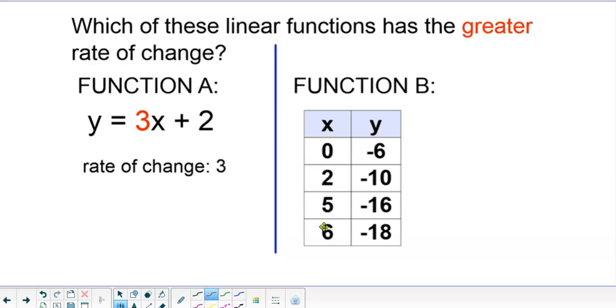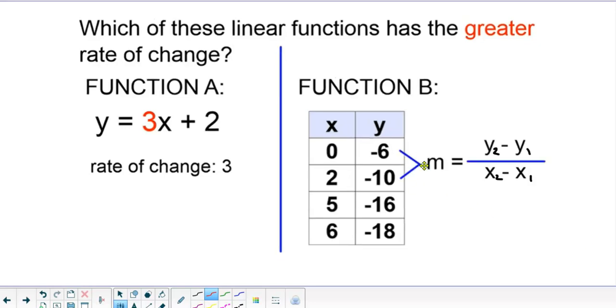Now let's take a look at function B. To find the rate of change from a table, you need to use two ordered pairs. You can choose any 2 points from the table that you like. Let's say we're going to use the first 2 points. To find the rate of change, we're going to use this formula, known as the slope formula.